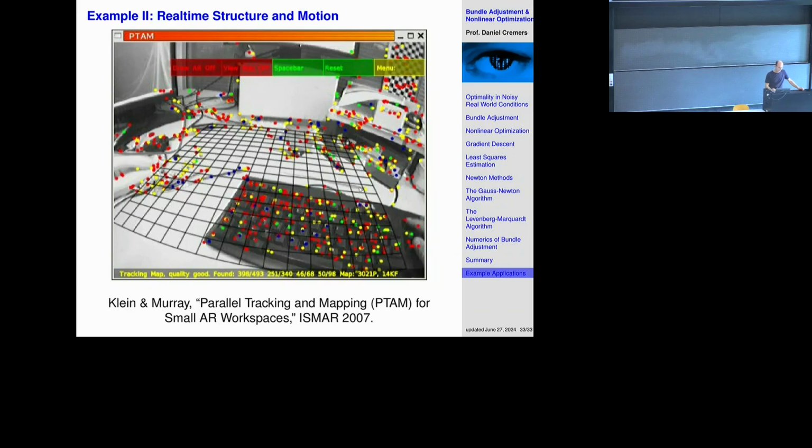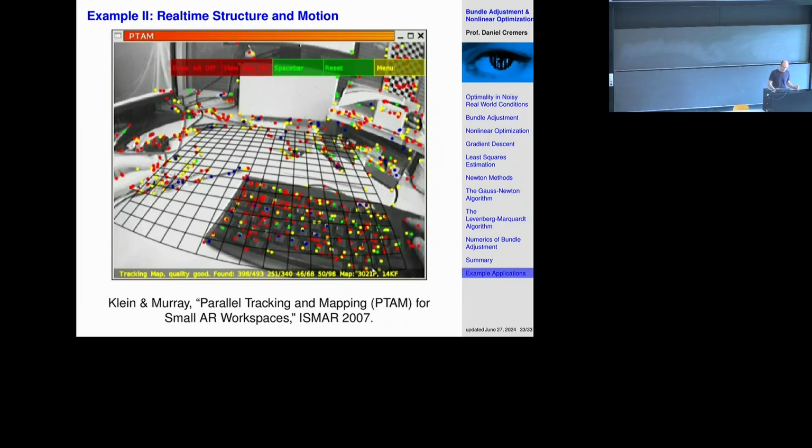Another interesting work that inspired a lot of research in our field is a work by Georg Klein and Murray that is called PTAM, Parallel Tracking and Mapping, for small AR workspaces.